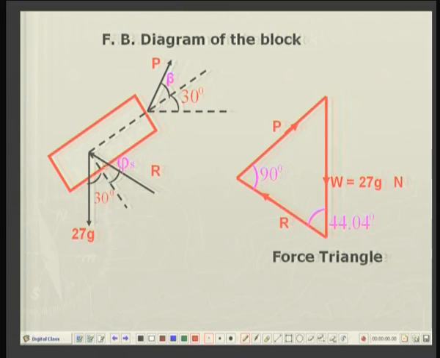Okay. So, since the block is to move up, the direction of impending slip is upward. So, the force of friction is downward. So, the normal reaction and force of friction being two vector forces, here is normal reaction, here is force of friction. So, the resultant of these two forces will be resultant R.